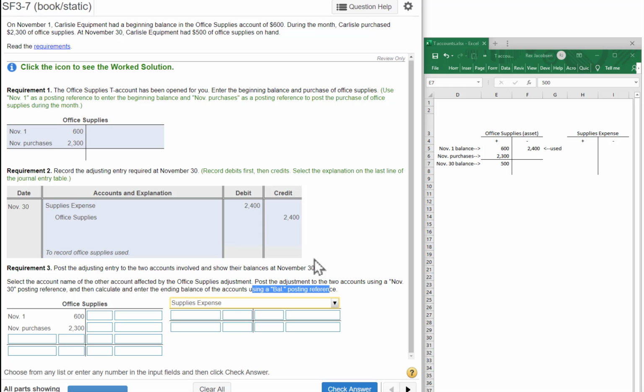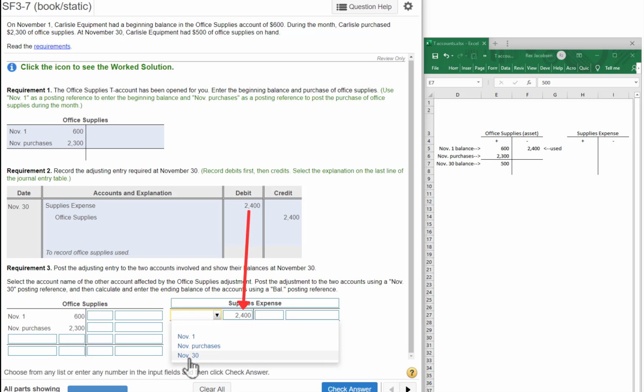All right, so all they're saying is, now that we've entered this adjusting entry, we need to post this to the ledger. And in this case, the ledger is in the form of T accounts. So notice I'm just going to start with the first one. So we got $2,400 supplies expense as a debit. And that happened on November 30th.